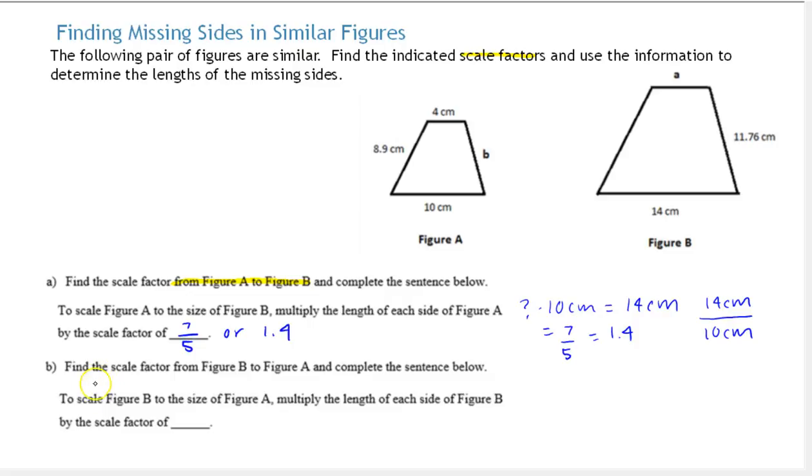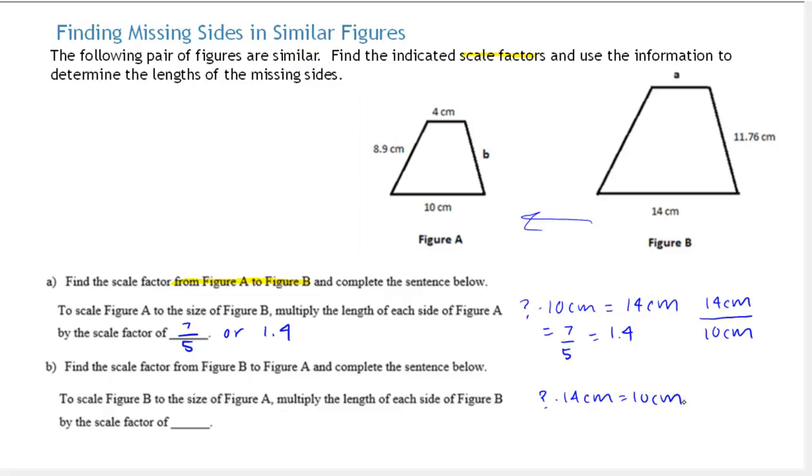Now to scale from figure B to the size of figure A, so now we're going in this direction. So you can think I'd want to take the value 14 centimeters and multiply by something, the scale factor, to get 10 centimeters.